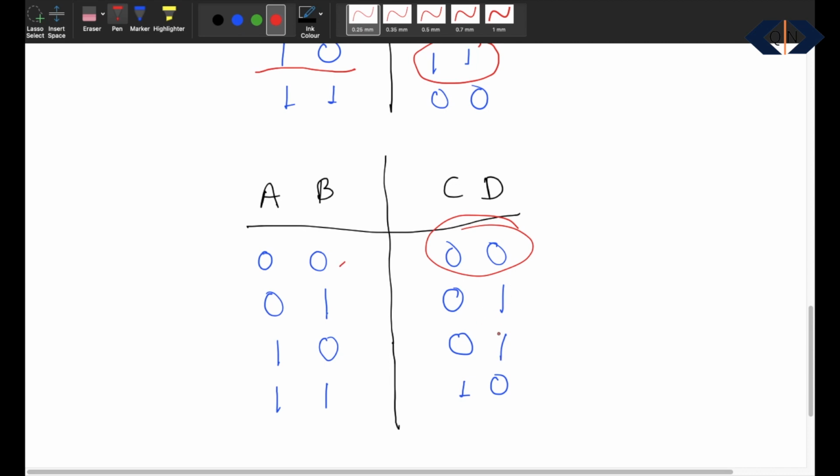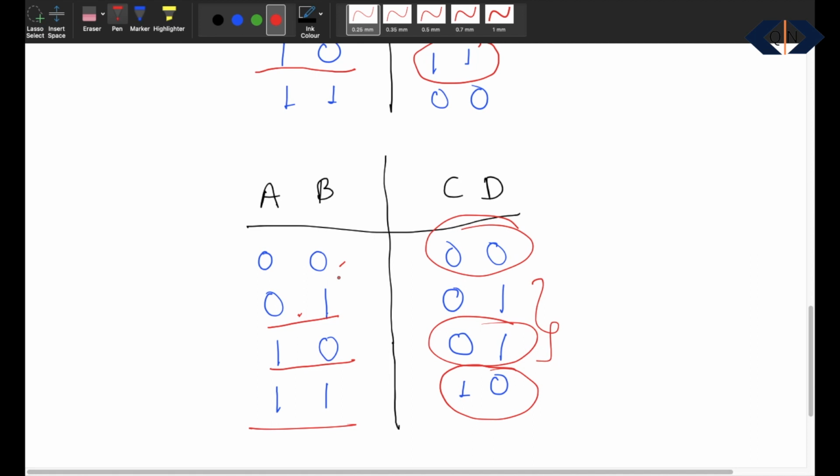Now, if our output is 1 0, can we say what our input was? It was equivalent to 1 1. But what about these two cases? Suppose our output is 0 1, can we define what our input was? Because there are two inputs for which we are getting our output as 0 1, so we can't define it, right?